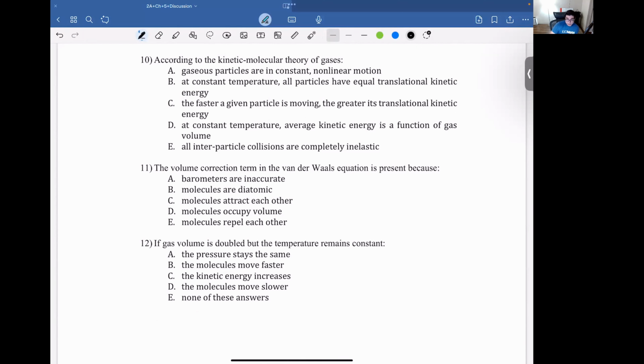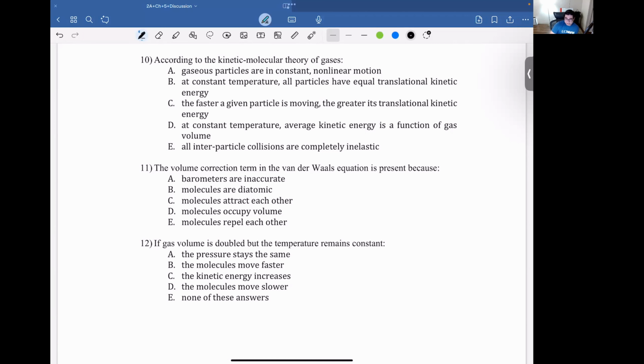They could be moving in linear motion, could be nonlinear motion. They're generally in constant motion, but it doesn't have to be nonlinear. It doesn't have to be linear, but they are in motion. B says at a constant temperature you have translational kinetic energy, so moving. That's not true. It's the average kinetic energy of all particles of different types of gases that is the same.